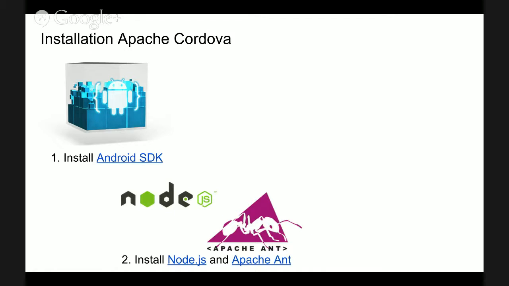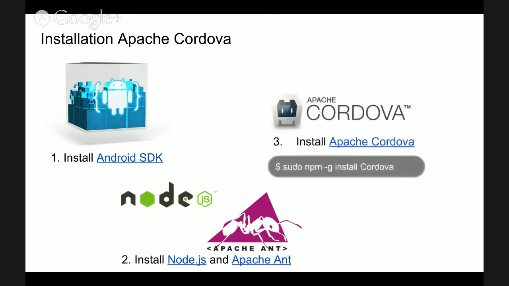Also, Linux works with no changes. Apache Ant is a software tool for automating software building processes. Finally, you will install Apache Cordova through the npm command. npm is a package management system for Node.js.